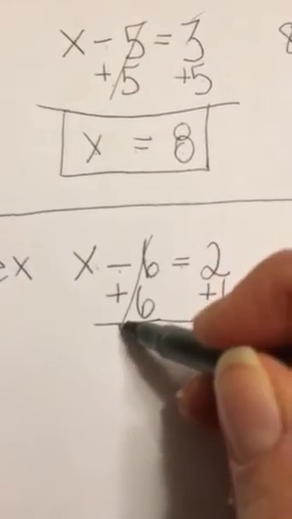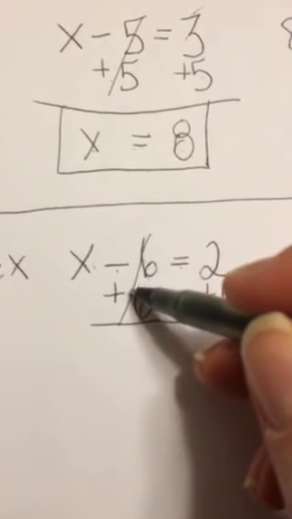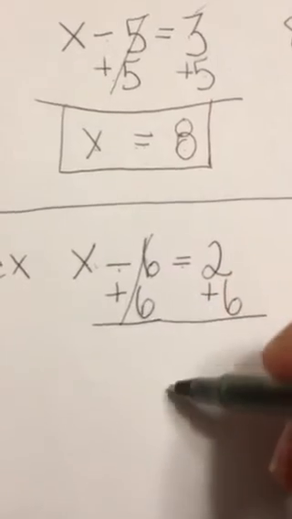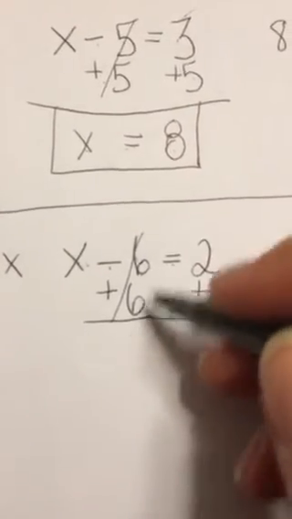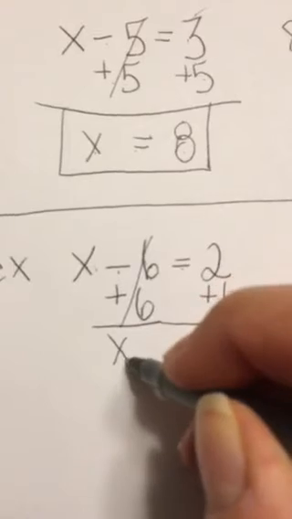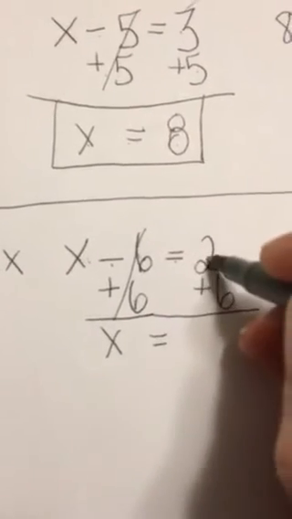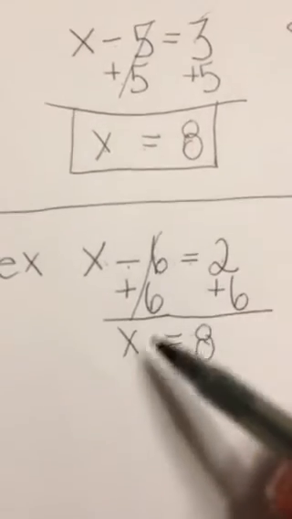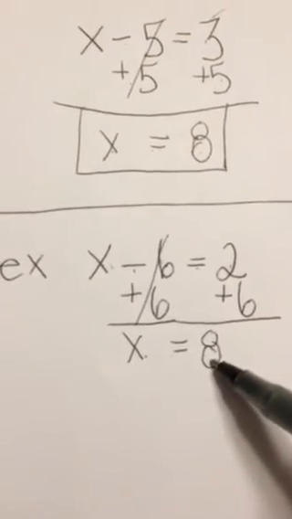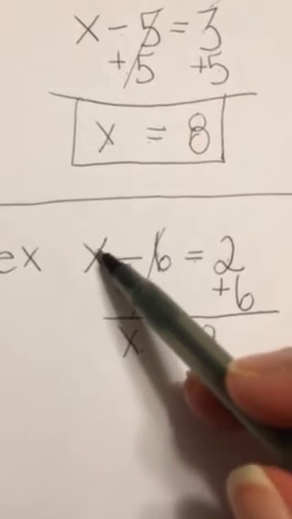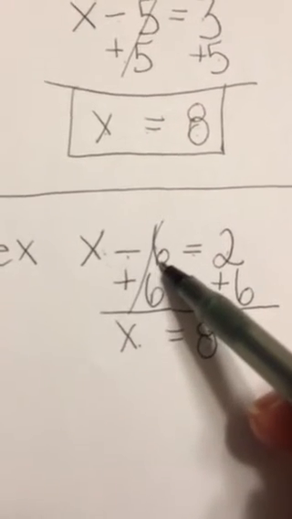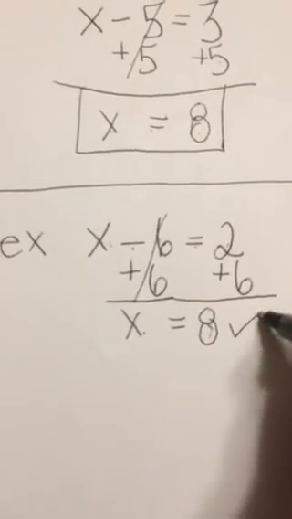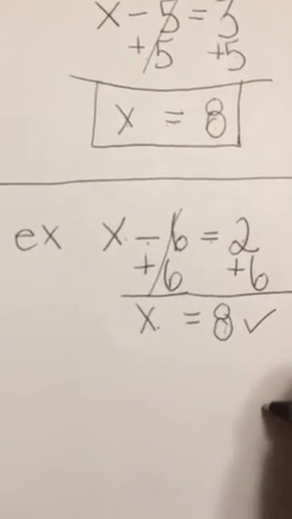The minus 6 crosses out because technically this is negative 6 plus positive 6. So I'm left with x equals 2 plus 6 is 8. X equals 8. Let's plug in 8 for x. Now we have 8 minus 6 equals 2. That's correct. X equals 8 is my solution.